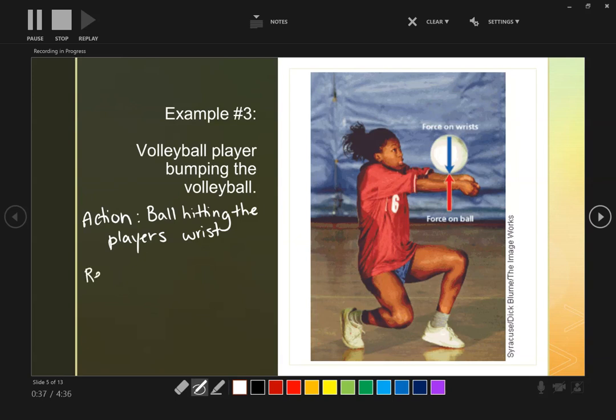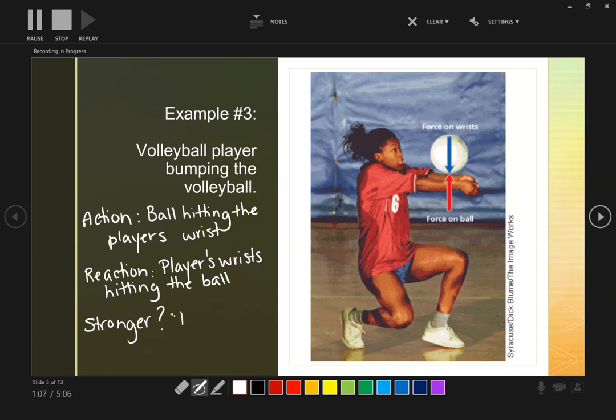What do we want to call the reaction? The player's wrists hitting the ball. So again, remember that they need to be opposite. The ball hitting the player and the player hitting the ball. And how about which one is stronger? Again, trick question. Neither is stronger. Remember that they are equal.